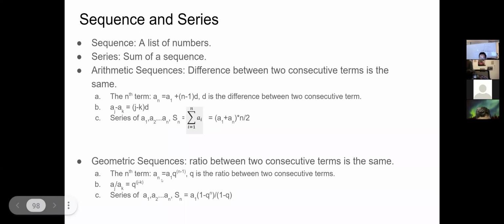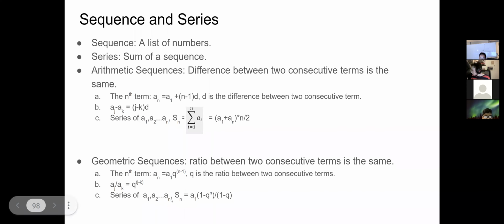The nth term is the first term times q to the power of n minus 1, where q is the ratio between consecutive terms. Similarly, for any two terms, their ratio equals q raised to the power of the index difference. This probably needs a little more memory power to remember.